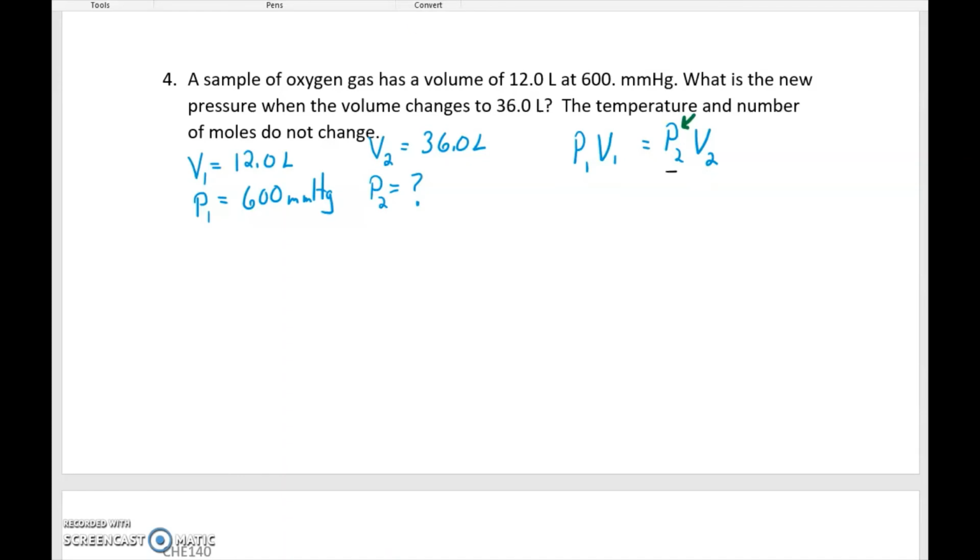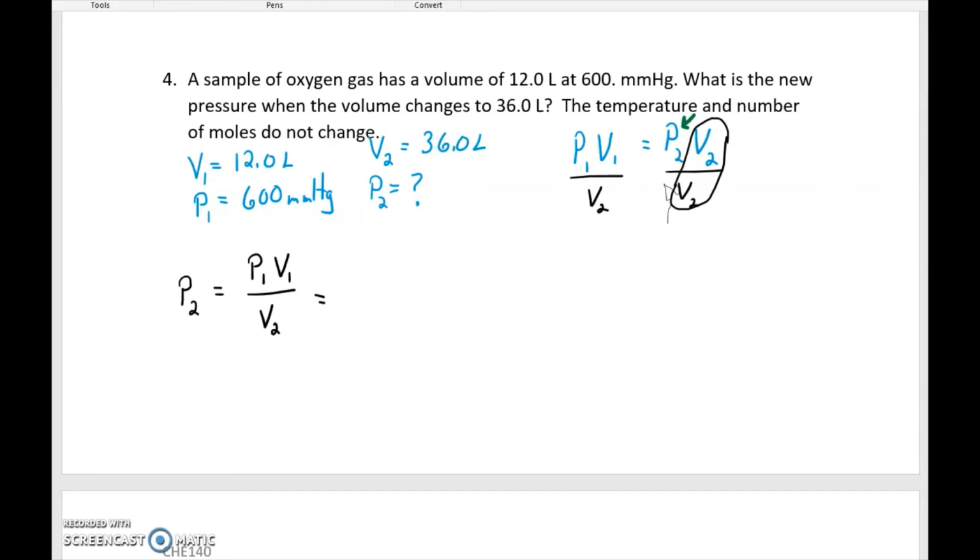We divide both sides by V2. The V2s here will cancel. And that leaves P2 by itself. I'm going to rewrite it down here that P2 is equal to P1 V1 divided by V2.